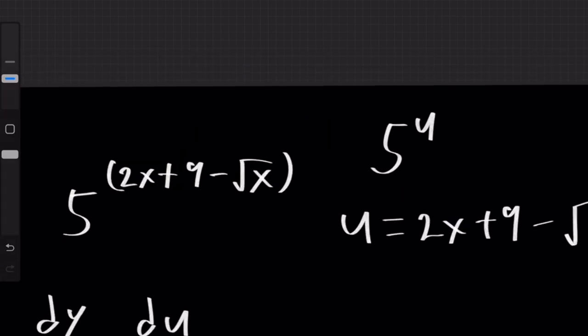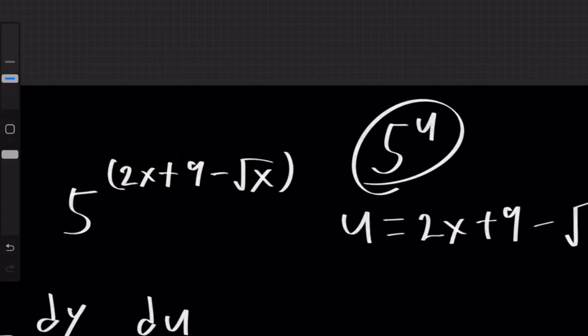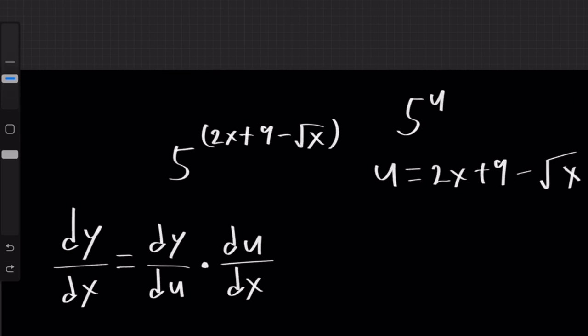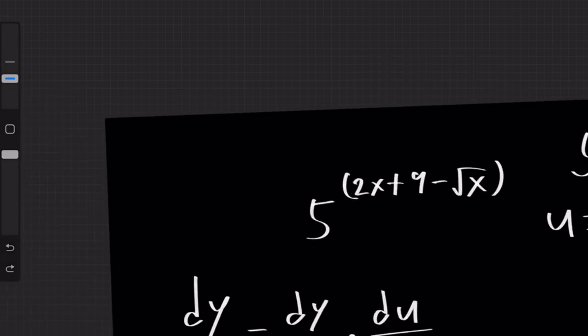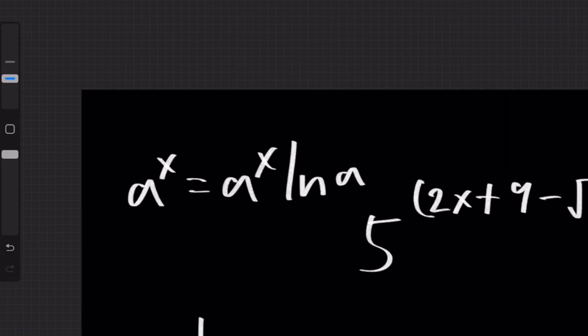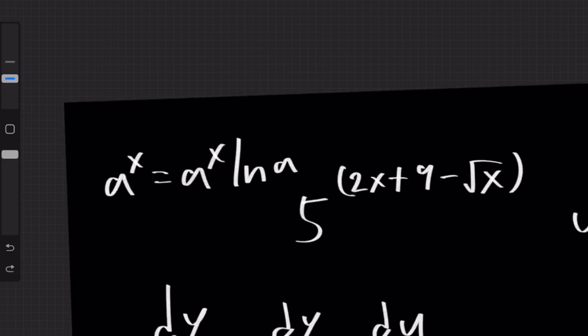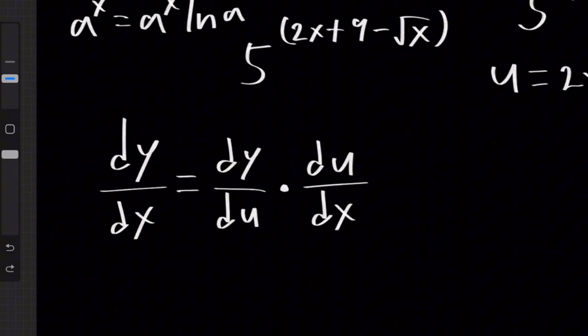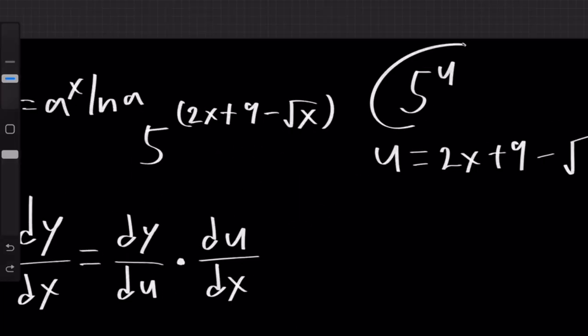So this right here, the derivative of this is also a bit complicated. The derivative of an exponential would be equal to a to the power x ln a. It's kind of ugly, but that's the derivative of this. So first we find the derivative of this.